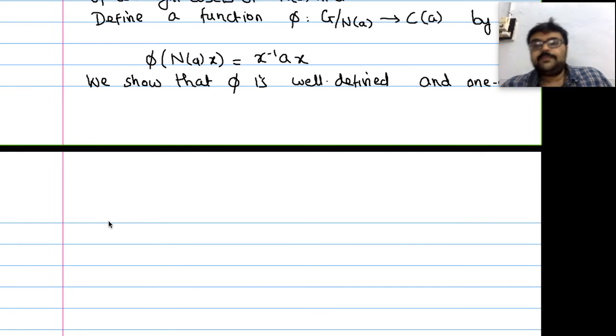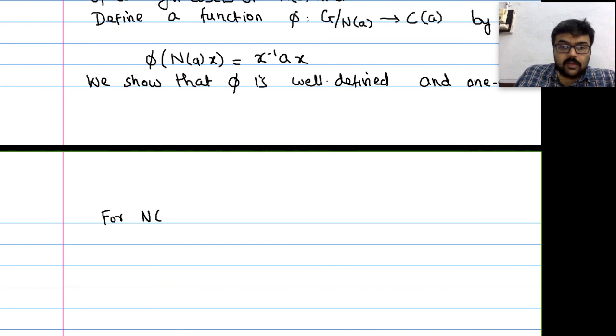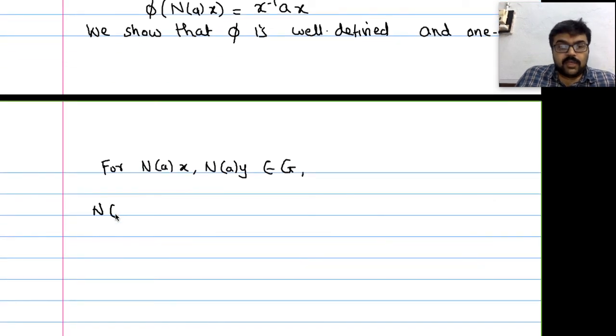Is it clear? So suppose we have two right cosets NAX and NAY in G, and suppose they are equal, NAX equals NAY.